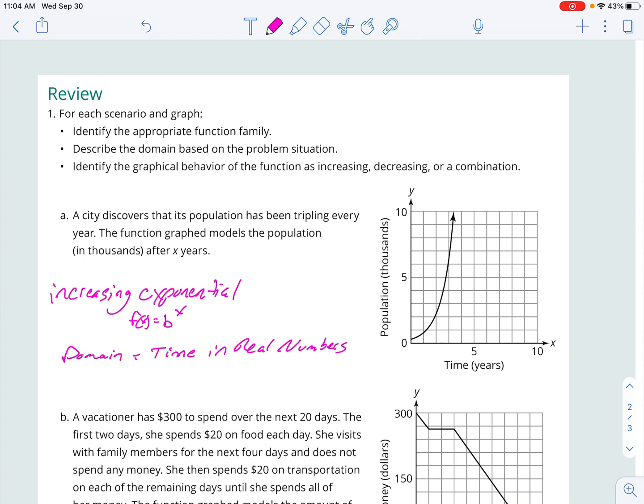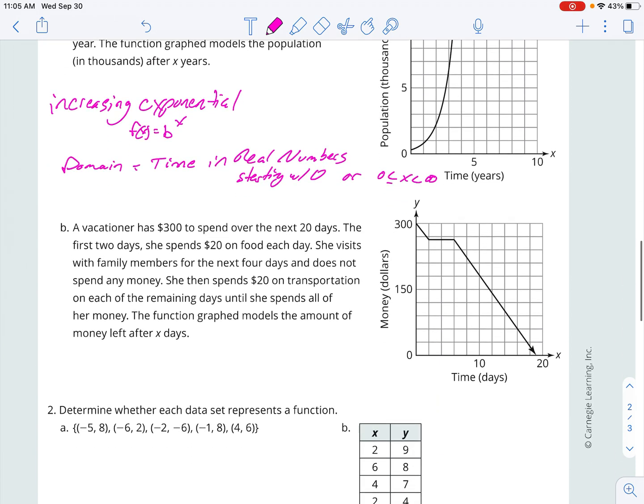So it's not all real numbers, it's the real numbers starting with 0. Another way you could write the domain is like this as well, as our inequality starting at 0 and then going to infinity.